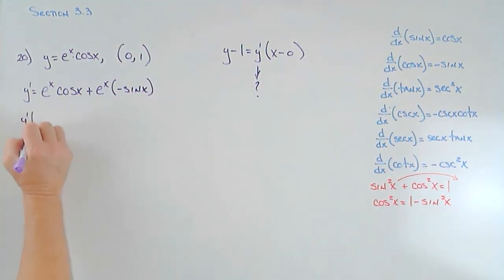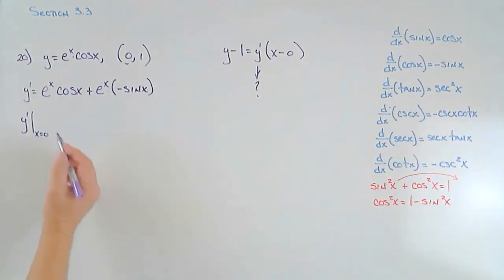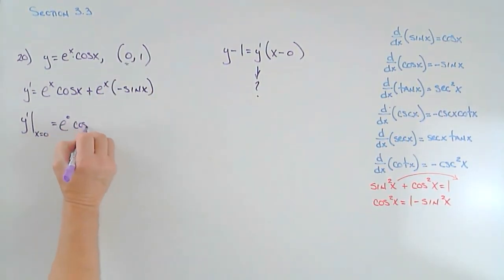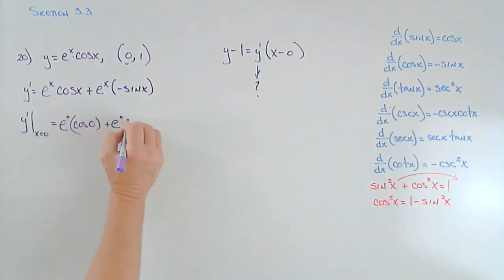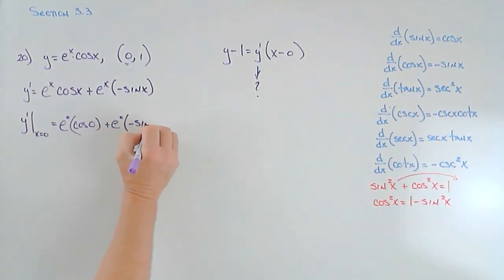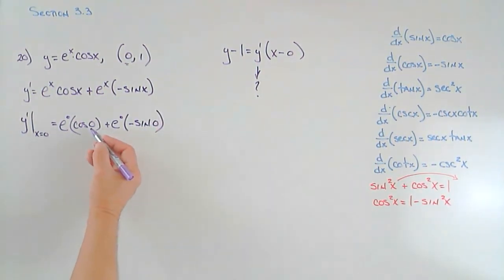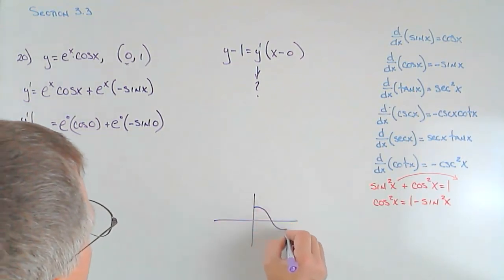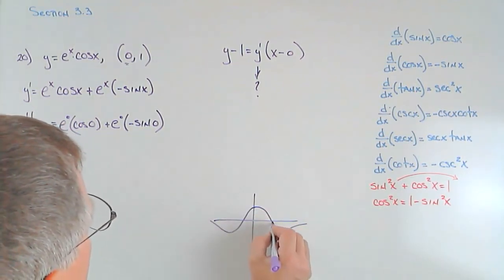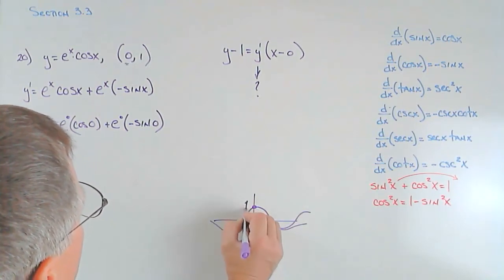Now we have to evaluate this at x equals 0. e to the 0, we'll just write it all out. e to the 0, cosine of 0, plus e to the 0, negative sine of 0. Okay, e to the 0 is 1. Cosine of 0 is 1. The graph of cosine starts here and goes like this. Cosine of 0 is 1.